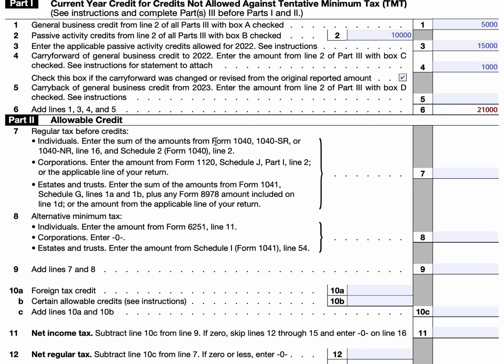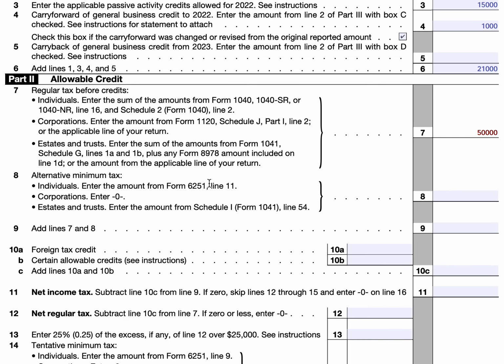For corporations, you'll enter the amount from line 2 on Schedule J of your Form 1120. And then estates and trusts will enter their amount from their tax return, which is 1041, Schedule G, lines 1A and 1B plus any Form 8978 amount that was included on line D. So let's just say for purposes of this, we have a $50,000 regular tax.